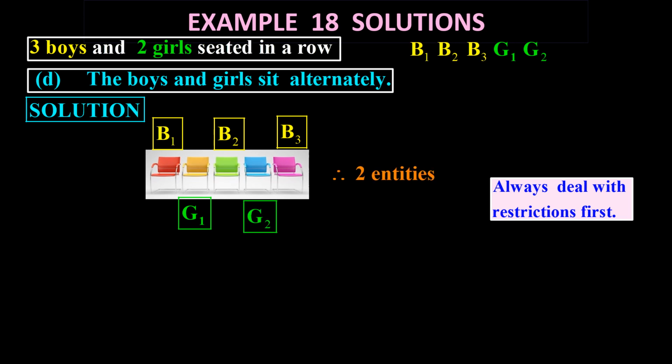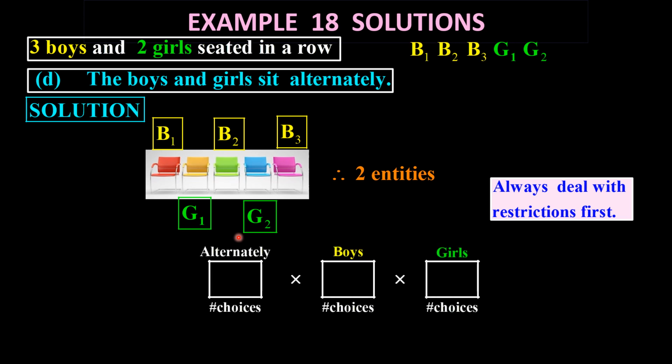So let's look at this. Those 3 boys can be arranged, and then the 2 girls need to be arranged. We'll show you the number of arrangements now. So they're actually 2 entities. So it's just arranging the 3 boys and arranging the 2 girls. Sitting alternately, there's only one way they can sit alternately, and that is the way there.